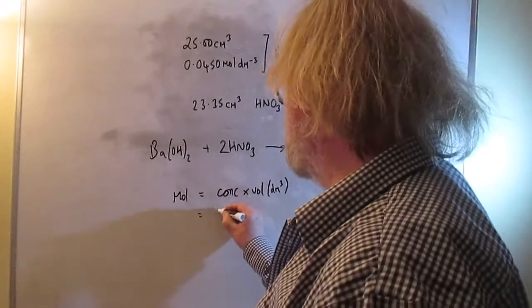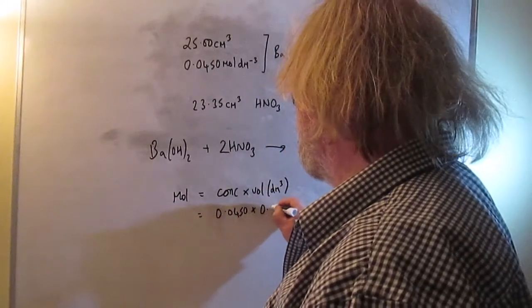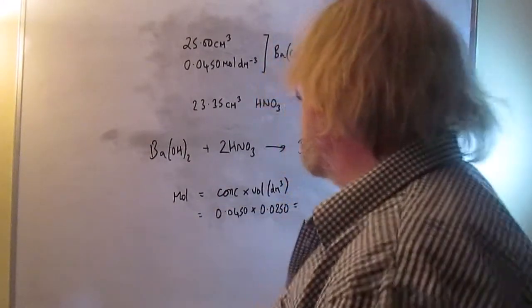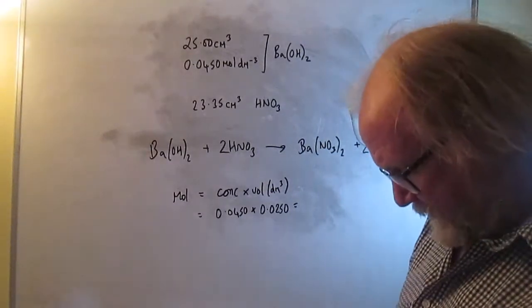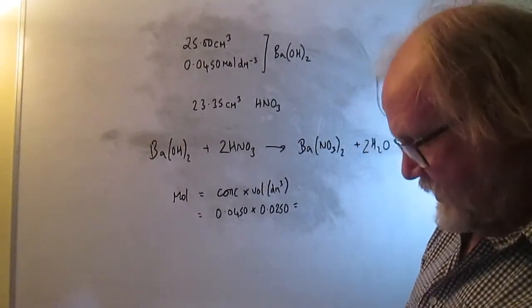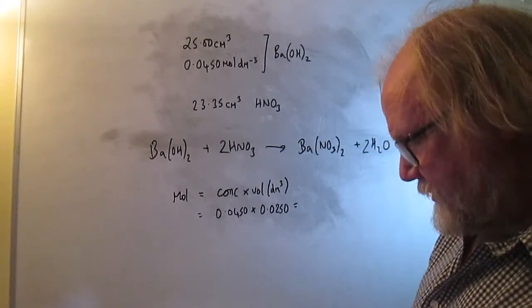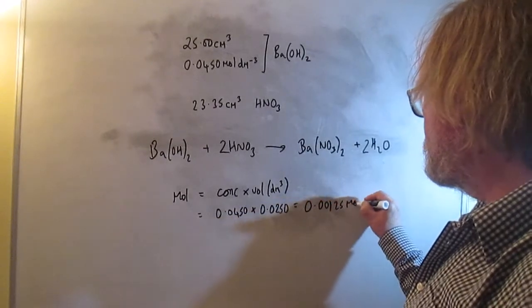which is 0.0450 times 0.0250. Okay, so those are the numbers from there, just remembering that you have to convert from cm cubed into dm cubed. So 0.045 times 0.025 equals 0.00125 moles.